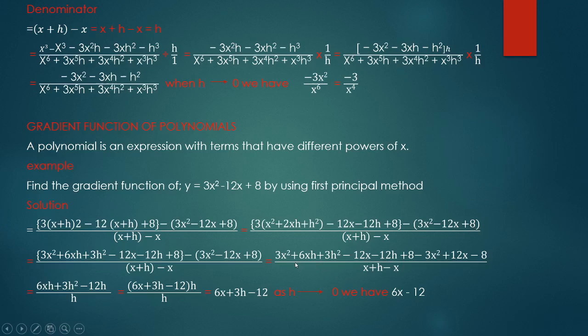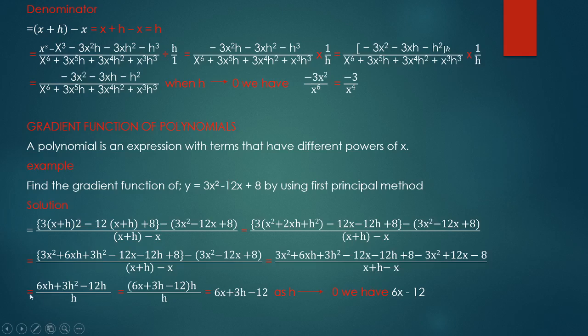So we shall have 3x squared plus 6xh plus 3h squared minus 12x minus 12h plus 8, minus 3x squared plus 12x minus 8, all over x plus h minus x.